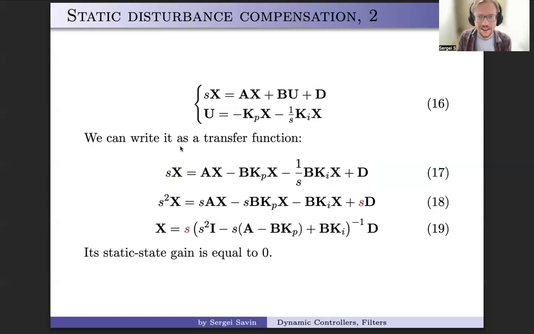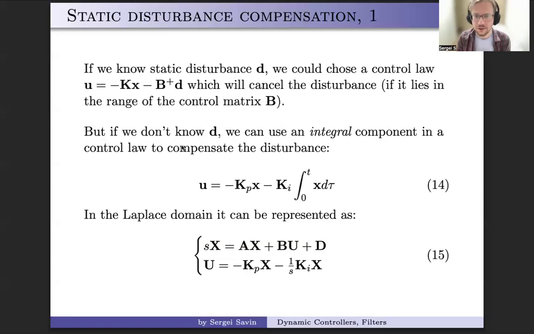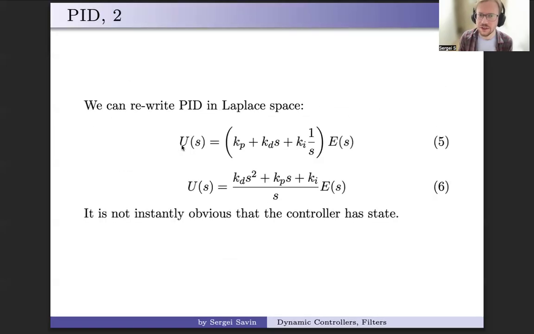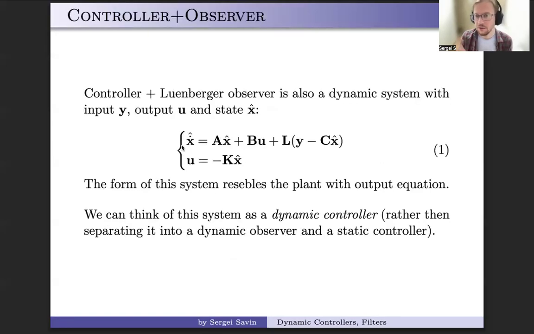All right. So far, what we have studied was basically two types of controllers, right? Luenberger from the last lecture, which we showed is a dynamic controller. And what it gives you is the ability to work with systems that do not have access to the full state information.